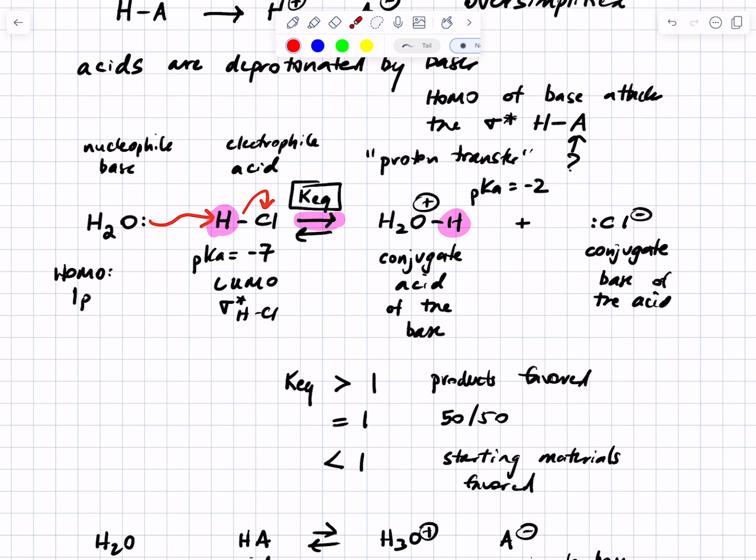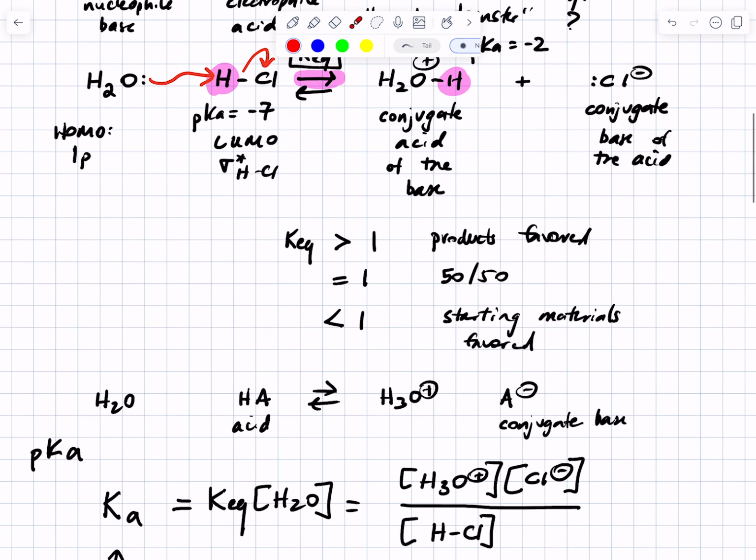Okay, I saw another hand. Same question, okay. What else? Yeah. So we were deciding at the very beginning about K, the equilibrium constant. That is not the same thing as Ka, but it's related to Ka. Ka equals that equilibrium constant times the concentration of water.